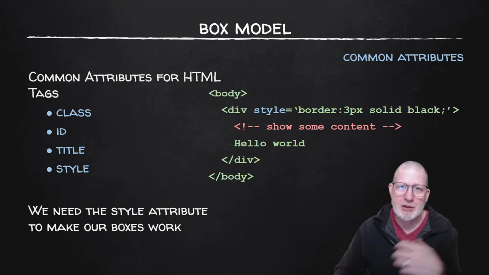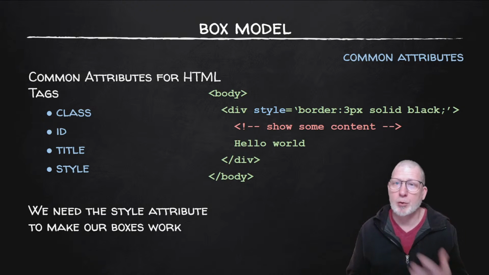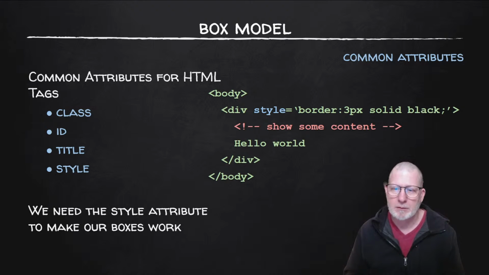When you start adding JavaScript, the IDs become much more important because they're the way JavaScript identifies an element to modify. And the classes are a way for us to connect a bunch of styles together and group them and select which groups of CSS styles we want to apply collectively to a particular element. We're going to do a little bit of each of those.